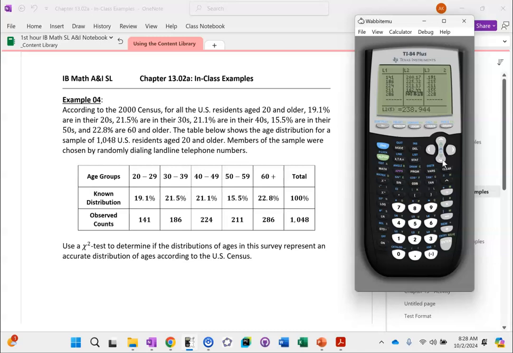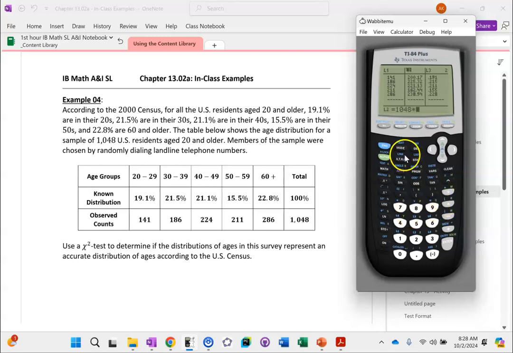So far, so good. And the way I did that easily, so I didn't have to do the calculation a bunch of times, I just did 1048 times, and then I put the probabilities in L3 and just let the calculator handle the repeated multiplication for me. So once I have that, I can check my two conditions, right?